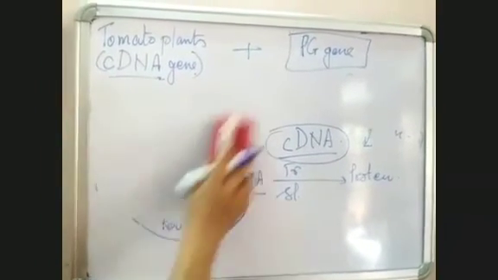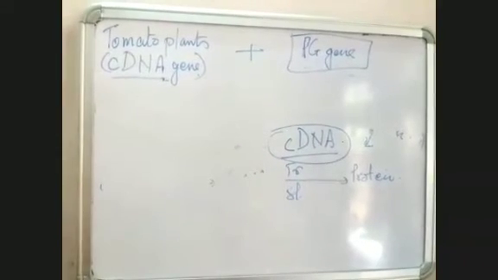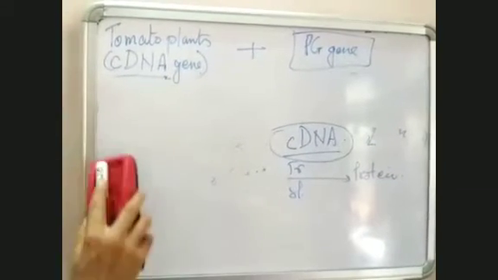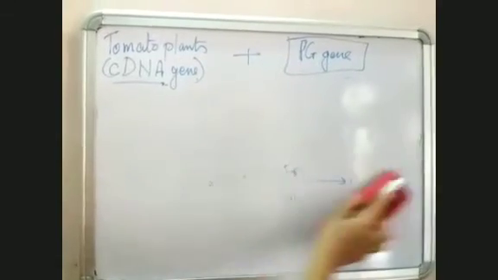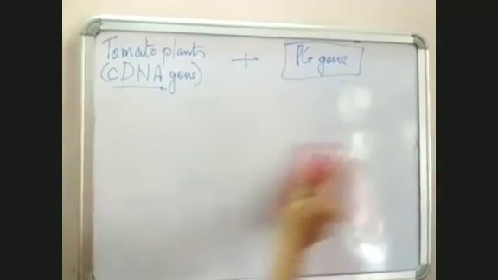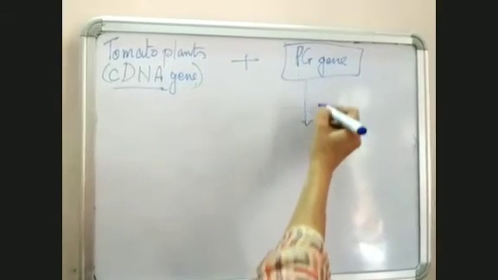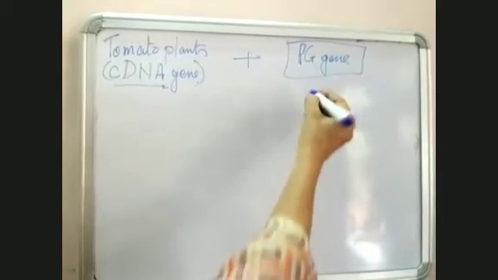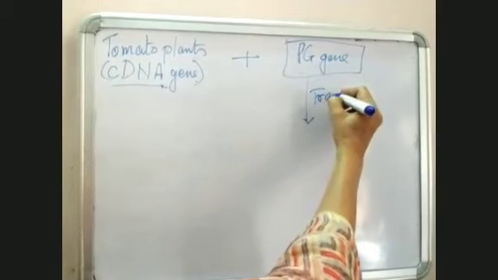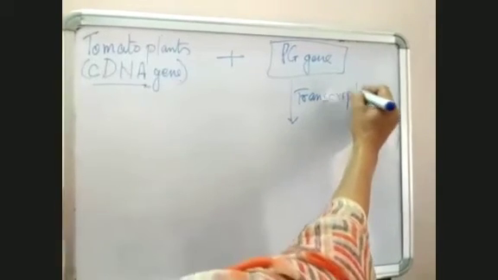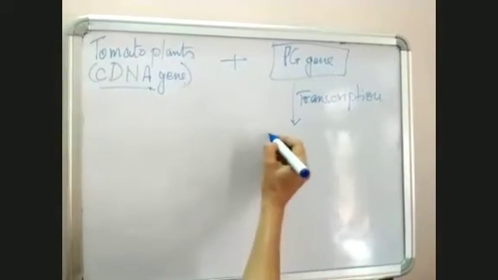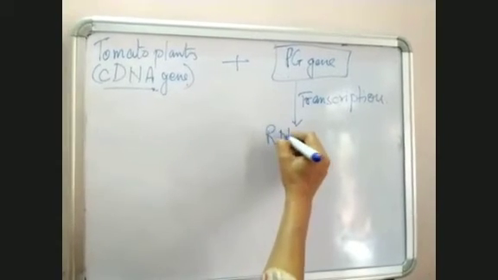So in such GMOs or such transgenic plants, naturally this PG gene will undergo transcription, and as a result of transcription, RNA is produced.